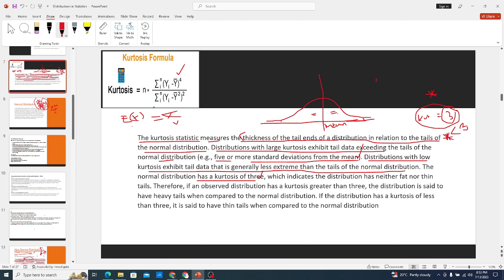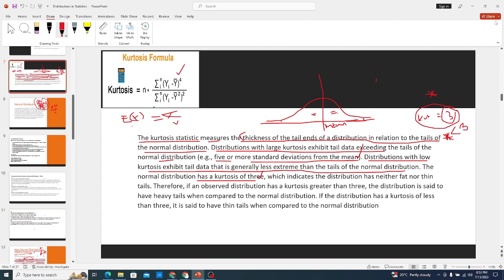What about if the kurtosis is greater than 3? Then we are going to say that we have thicker tails or fat tails in comparison to the perfect normal distribution.